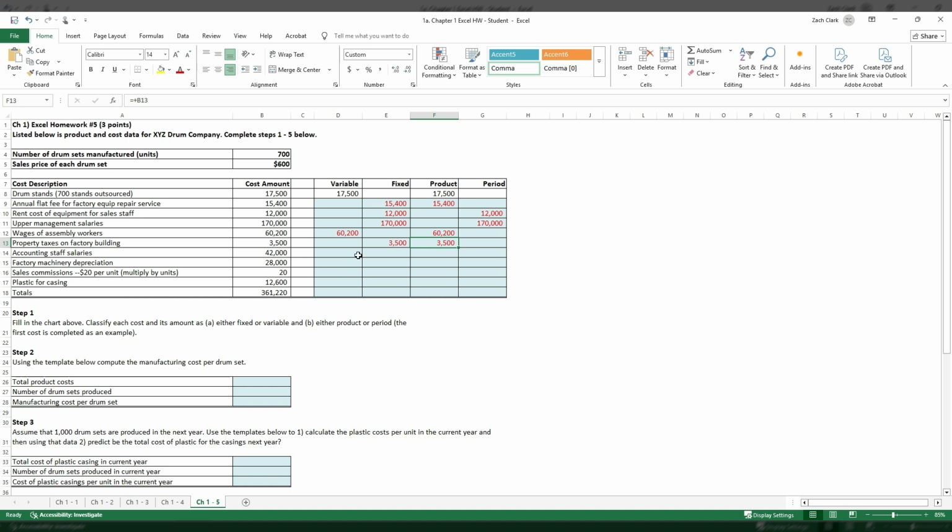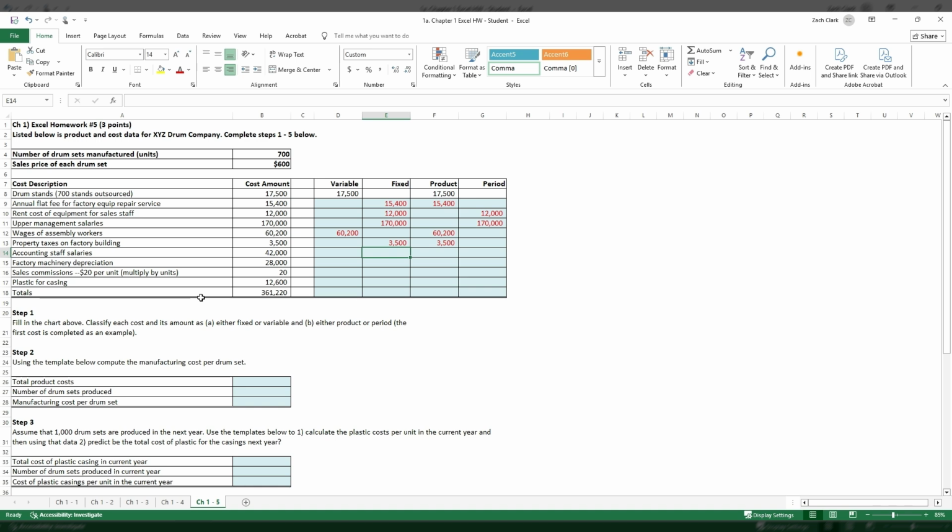And just to contrast that, you could have property taxes on the admin building, or something to that effect, administration building, sales team building or something along those lines. Then it would be a period cost. So just like we talked about depreciation being possibly a product or period cost back in problem 1, I believe, the same thing could be true with other costs and expenses like property taxes.